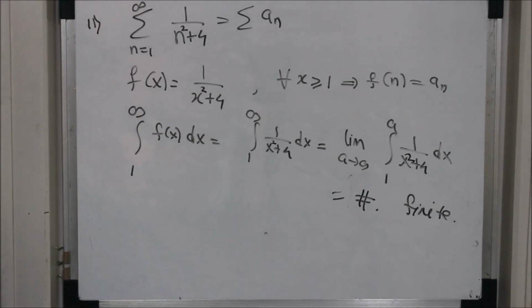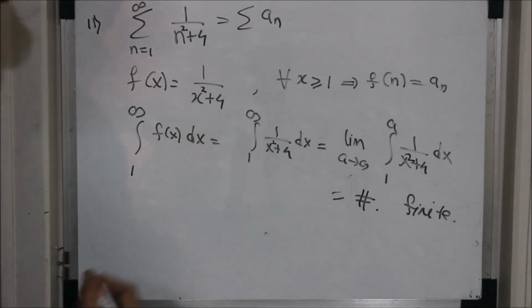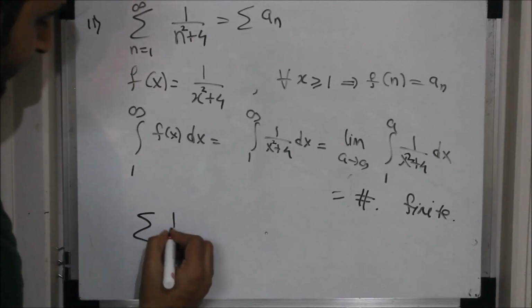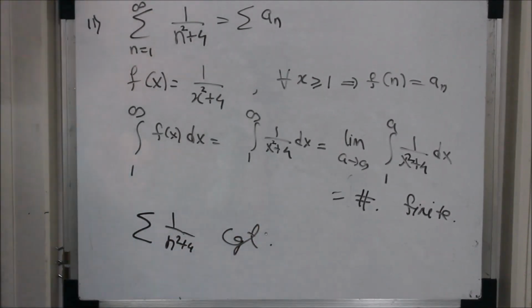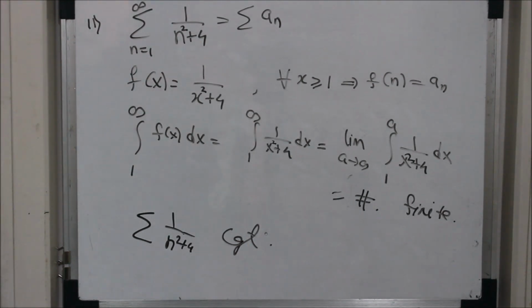Derivative will come out to be negative, and therefore the function is decreasing. So all the conditions are satisfied. Therefore, summation 1 upon n square plus 4 is a convergent series. I don't know where it will converge, but I definitely know that this is a convergent series. So that's the second example on the integral test.